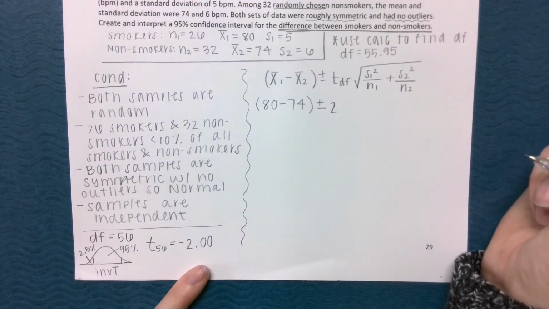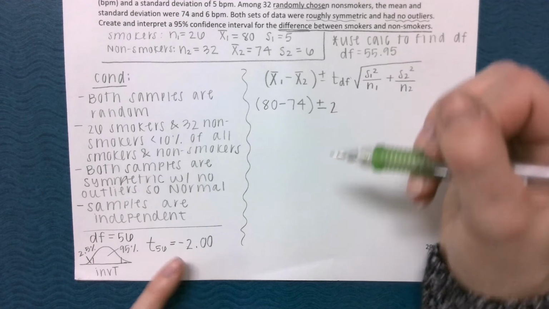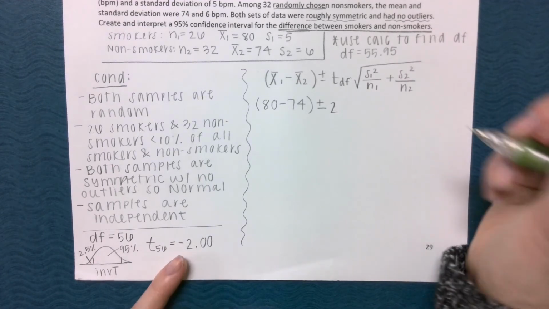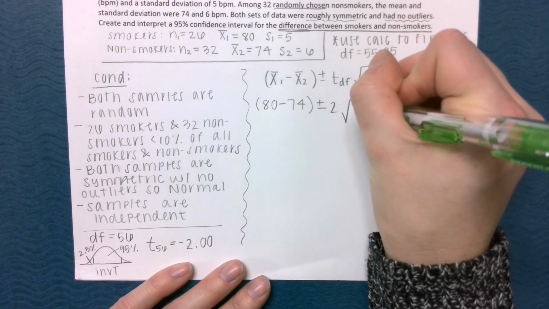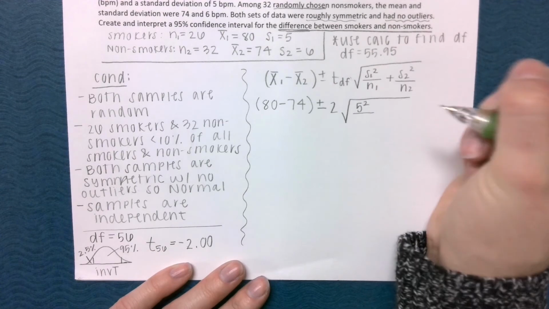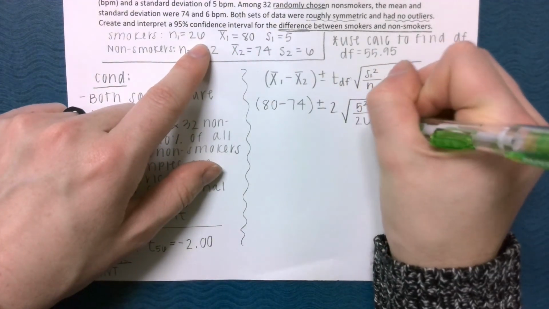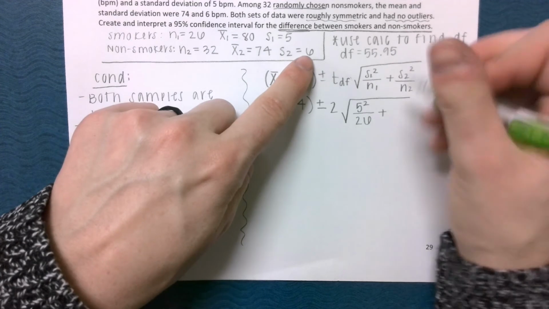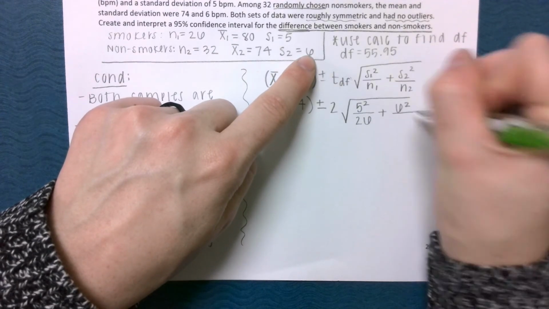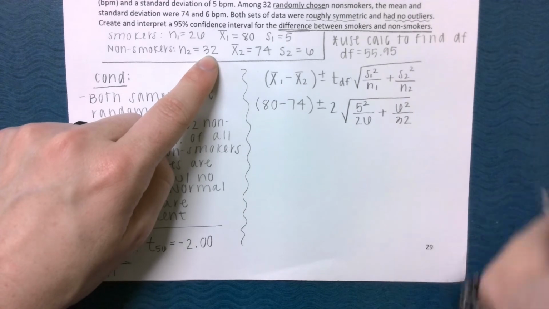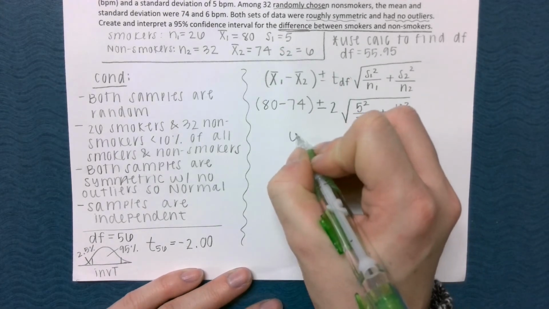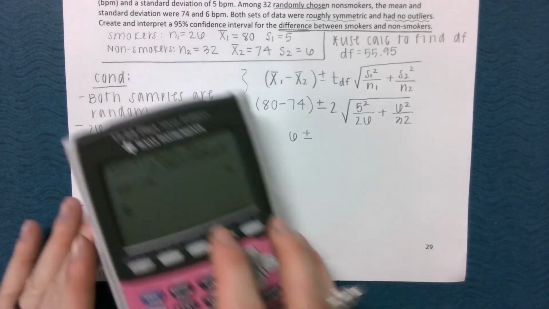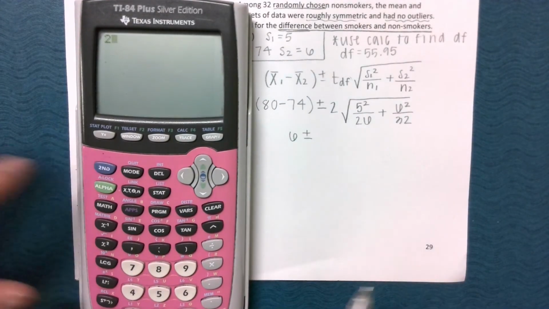I'm just going to write it as 2, and I'm going to make it positive because that plus or minus accounts for the negative. Opening my square root, I'm squaring my first standard deviation, so 5 squared over 26, plus the second standard deviation squared, so 6 squared over that sample size of 32. 80 minus 74 is going to give me 6. Again, I like to plug in that margin of error, figure out how far off we are.